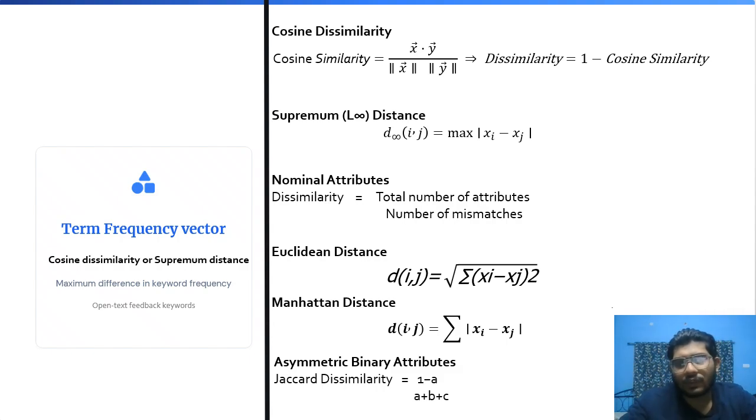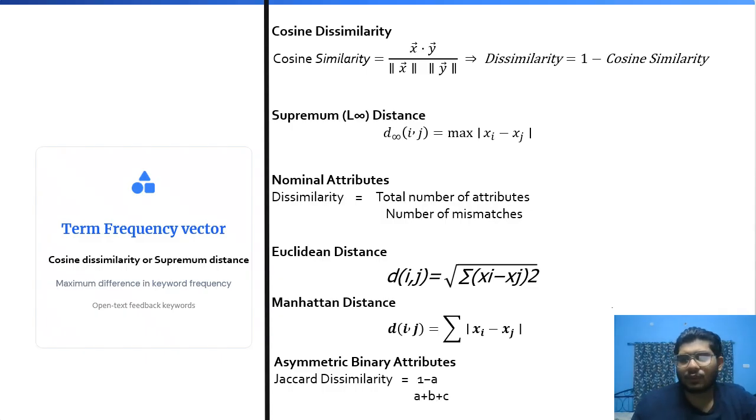These are the formulas for cosine dissimilarity and supremum distance, the nominal attribute, Euclidean distance, Manhattan distance, and asymmetric binary attributes, Jaccard's dissimilarity. These are the basic formulas for what we have seen in the previous slide.